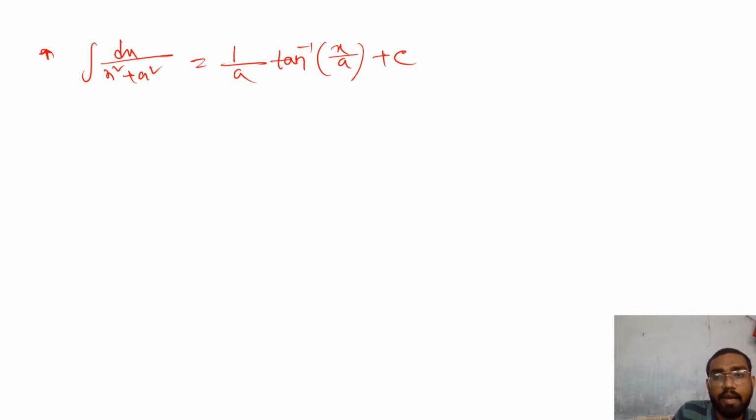Now the next formula is the integral of dx by x square plus a square, that is equal to 1 by a tan inverse of x by a plus c, and here c is an arbitrary constant. Now we are going towards a method that is very important in indefinite integration.